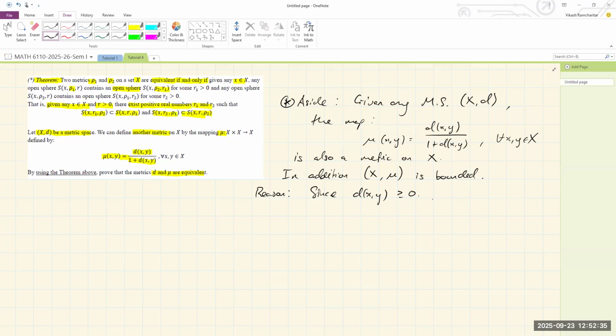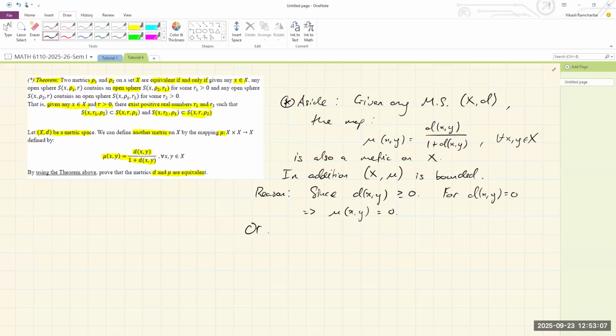For the case where D is equal to 0, that is when x is equal to y, if you look at what mu is, you will get mu equal to 0. So D of x comma y equal to 0 implies that mu of x comma y is equal to 0.